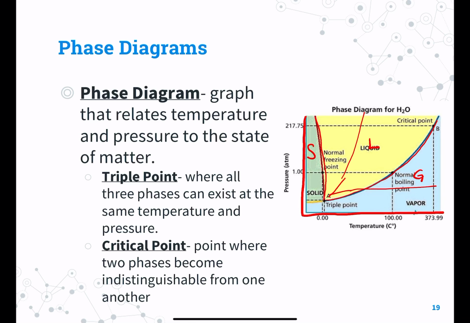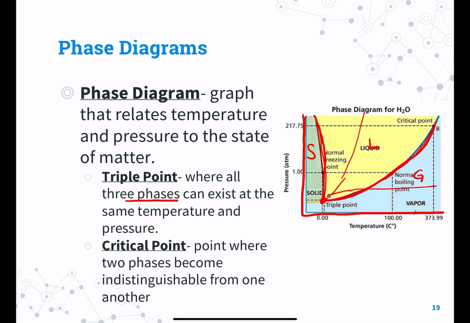And so when we look at a phase diagram, you have a couple of points that are really important. First is the triple point. That's where these two lines come together. The triple point is where all 3 phases can exist at the same temperature and the same pressure.